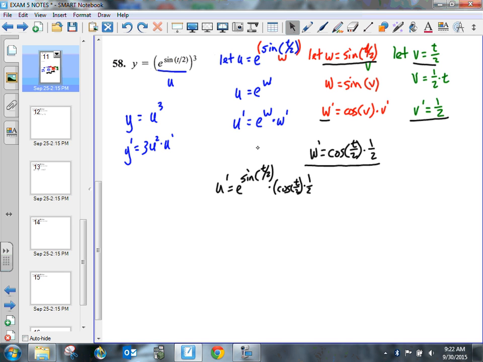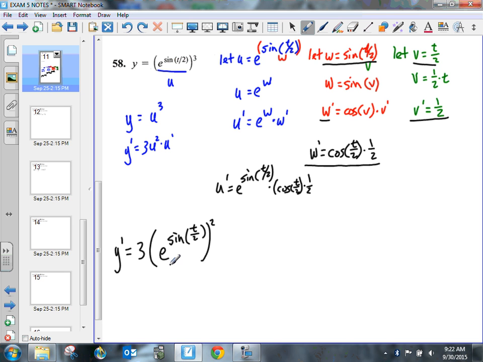All right, so now that I have u prime and I have u, I can go back and write the derivative of y. If I rewrite this, I'm going to get y prime equals 3 times u. Well, u was e to the sine of t over 2 power, and then that's all raised to the 2nd power.